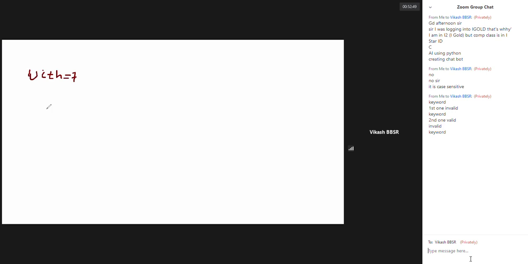Is it valid or invalid? Sometimes most students do not know, with is also a keyword. With is also a keyword because I have used it in files, with open. With the open function I have used it. Clear? Okay.